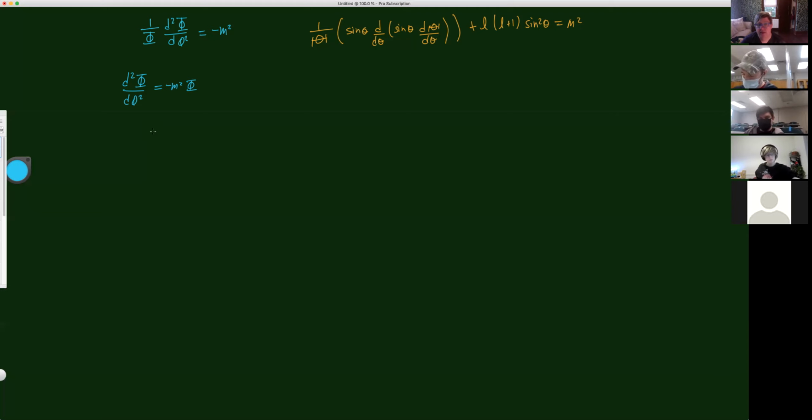It's the same form as the infinite square well Schrodinger equation, d²ψ/dx² equals minus 2mE over h bar squared ψ. It's a very similar form. And in these kinds of equations, what we always try is an exponential.